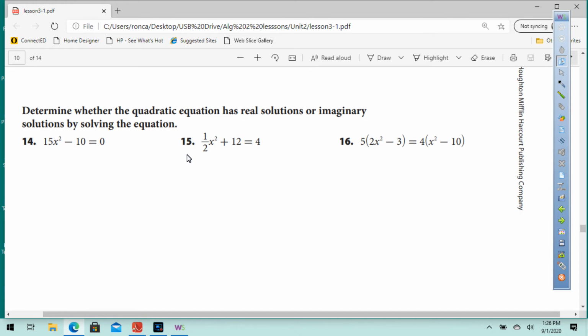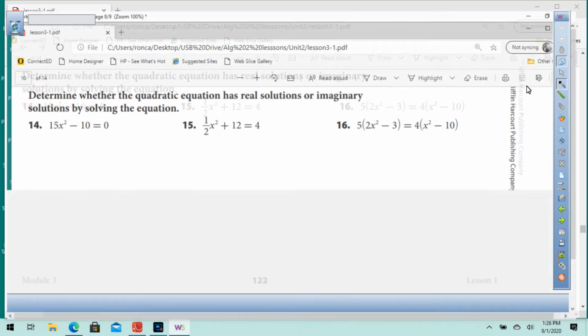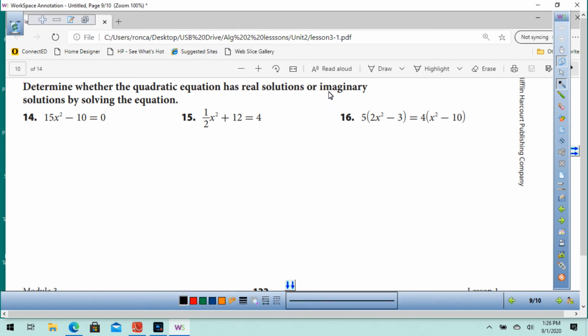Number 14. Determine whether the quadratic equation has real solutions or imaginary solutions. Well, how do we know when it's got an imaginary solution? Well, if it has the I, it is an imaginary solution. So let's do this. I guess the easiest way would be 15x squared equals 10. I added 10 to both sides. Divide by 15. And let's see, 5 goes in that 2, goes in that 3.